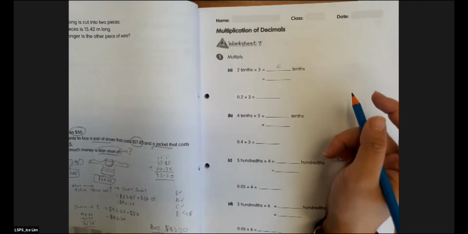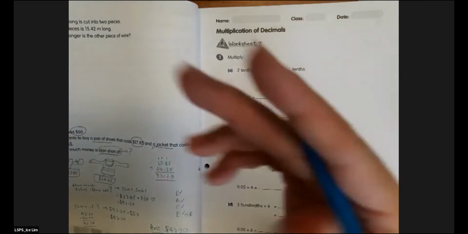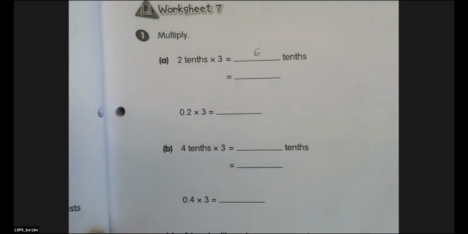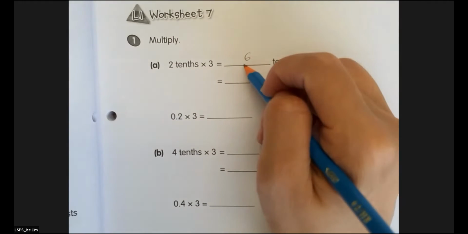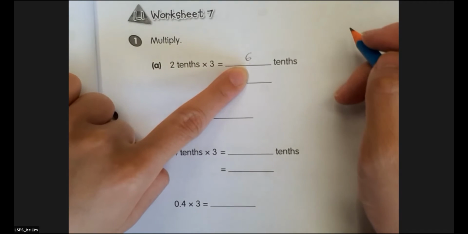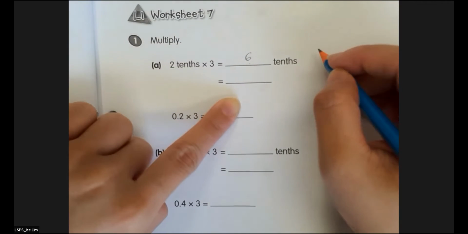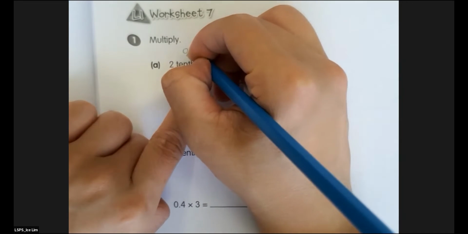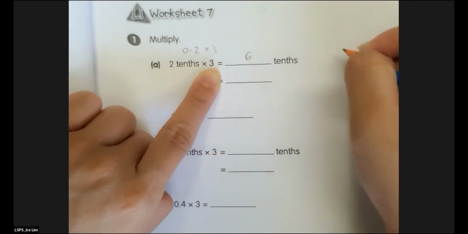There is exactly a practice of what I'm explaining to you earlier on. You know the same math facts. 2 times 3 is 6. So it's actually probably about 0.2 times 3.